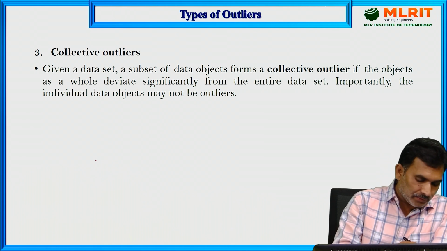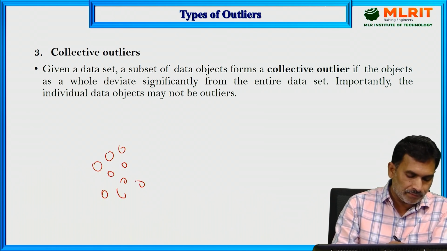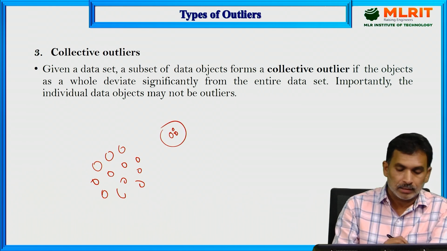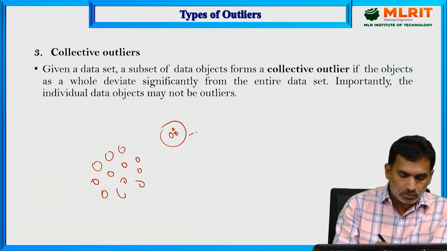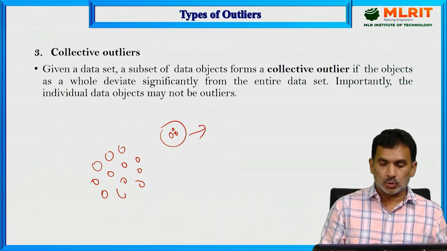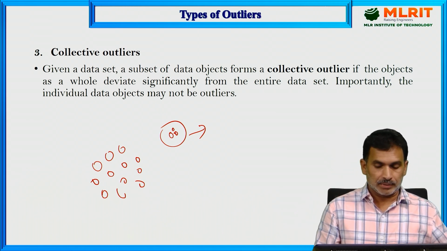For example, let us say there is a small group of objects situated here. This is called a collective outlier. That means the group of objects as a whole deviates significantly from the entire data set.